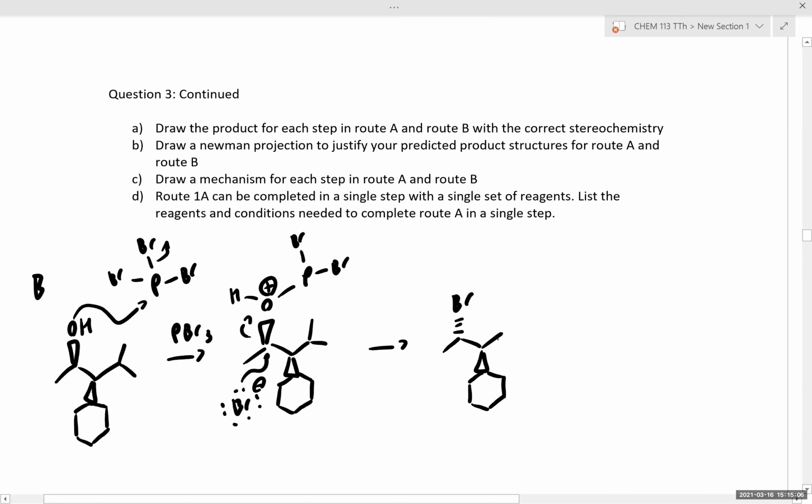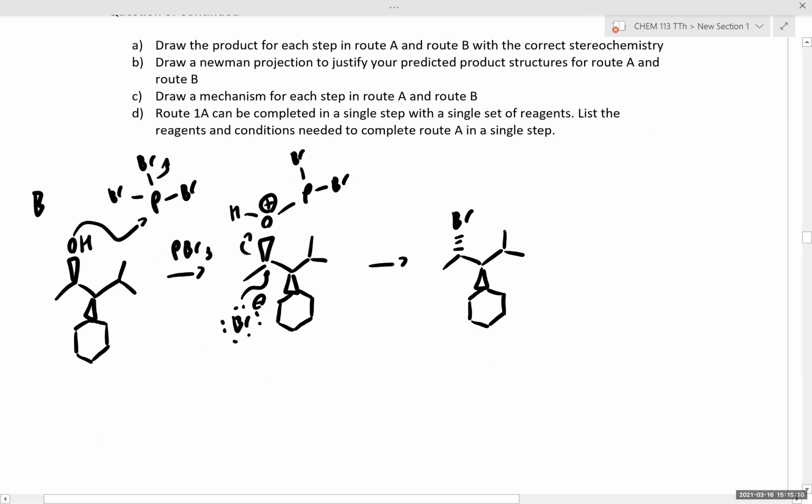That in turn gives us the following alkyl bromide with inversion of stereochemistry. Does everyone see how the stereochemistry at our carbon stereocenter has been flipped because this is an SN2 reaction? Does everyone see that?